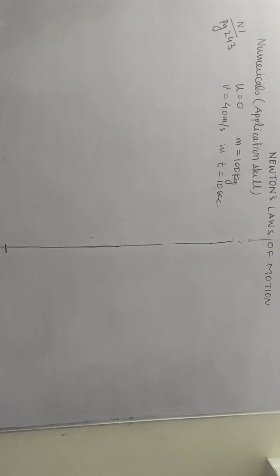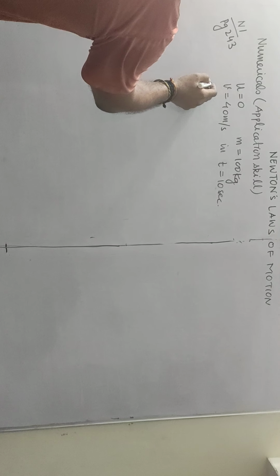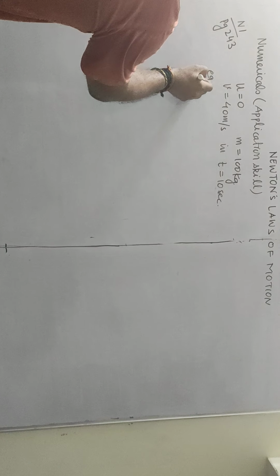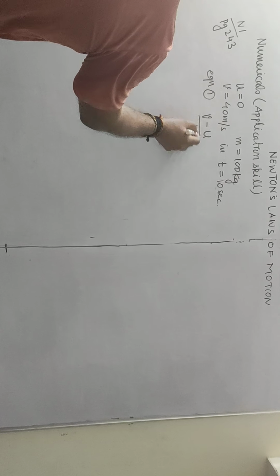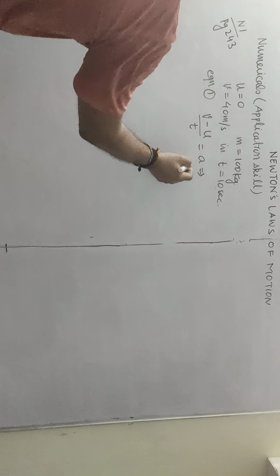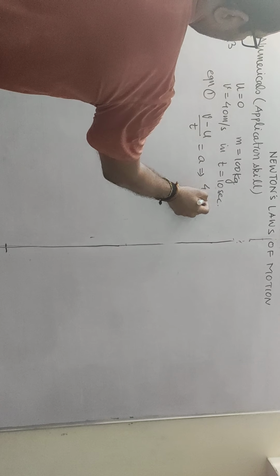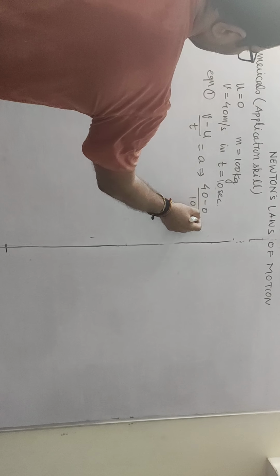That means, because mass is given, you need to find the acceleration, and for that you have to use equation number 1. So from equation 1, (v minus u) by t is equals to a, which implies that (40 minus 0) upon 10 is equals to a.